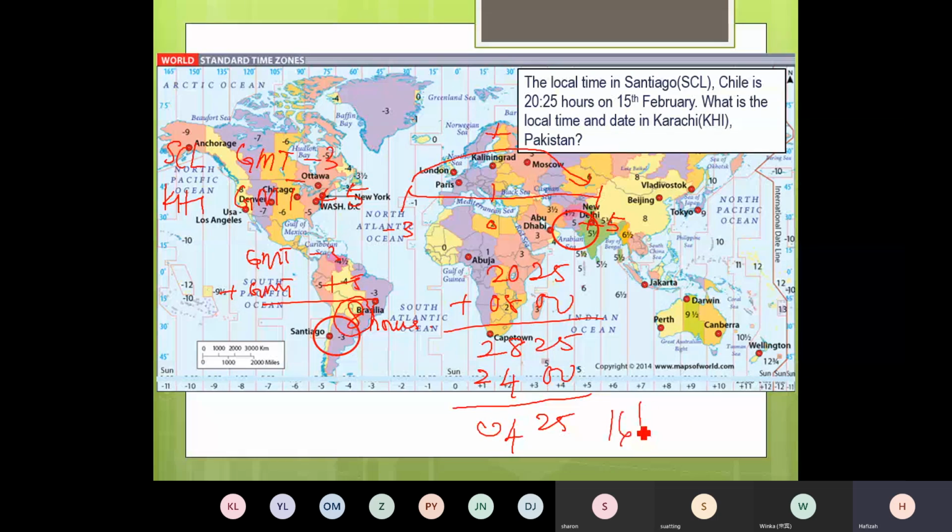Okay? So now understand? Yes. The difference is just now you reduced 1 day, but now you jump straight to 16. Just now you went back a day.